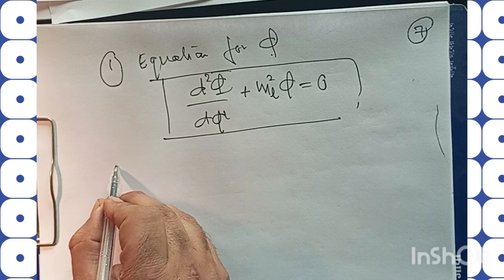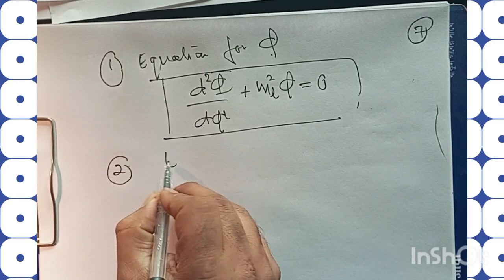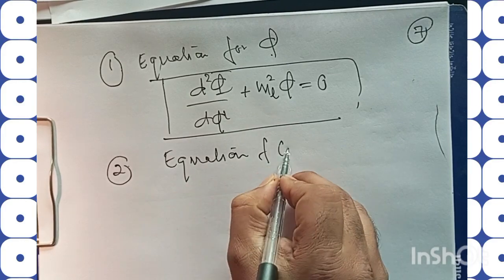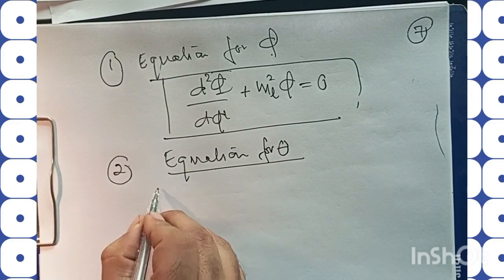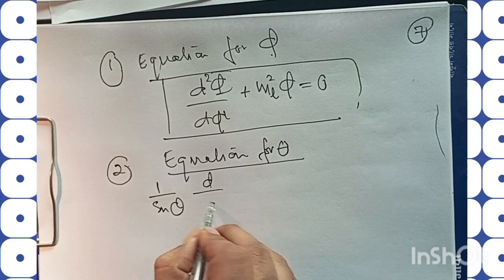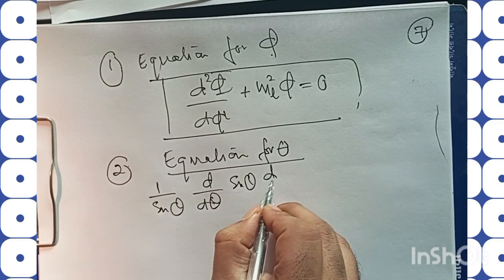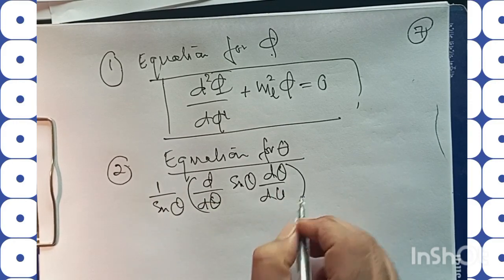Okay, the next important equation that you will come up with is the equation for theta. So what will that be? That will be 1 by sine theta d by d theta sine theta d theta by d theta. Okay, that should be the case.